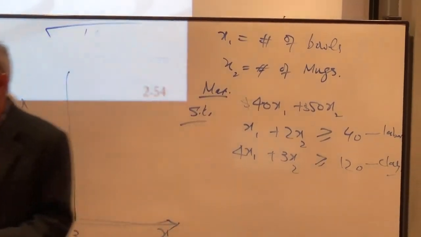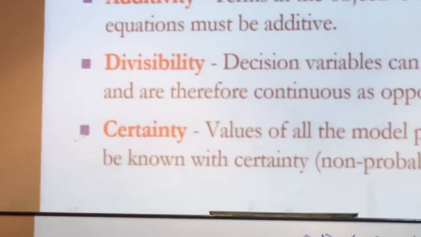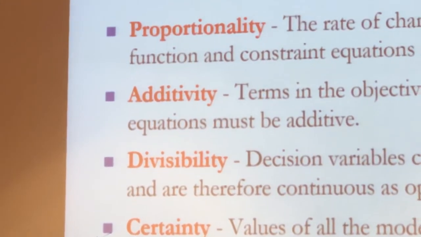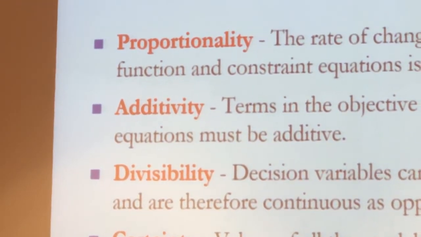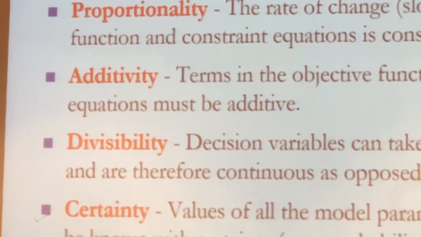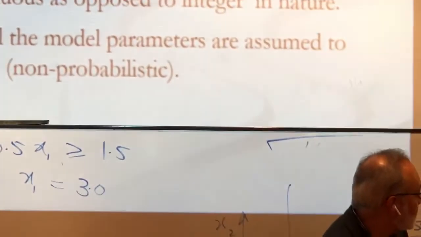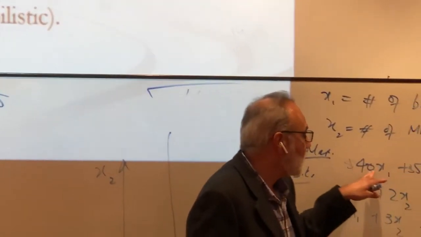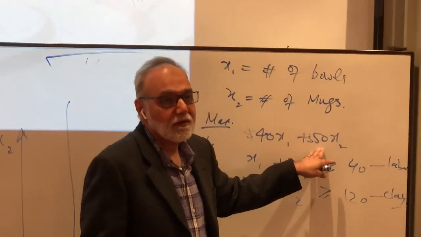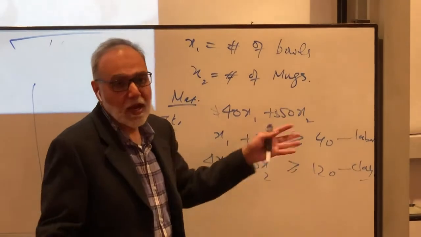The second property is additivity. Terms in the objective function and constraint equation must be additive. Again, you can see it is a linearity property. If you make one bowl and one mug, you will have 40 plus 50, which is 90 profit. You just add them.